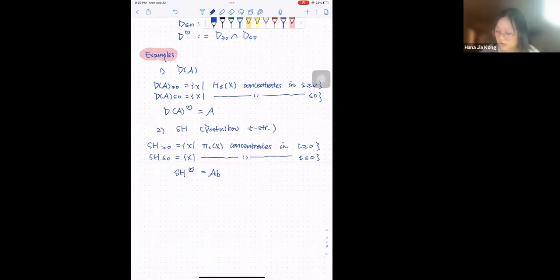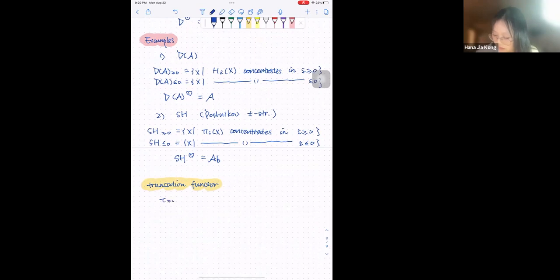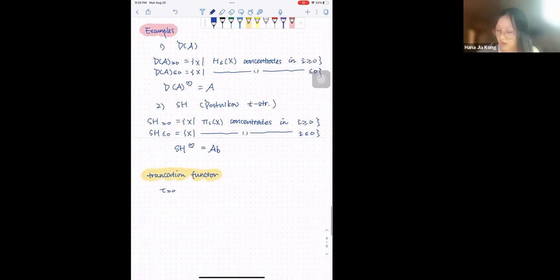There is also something called the truncation functor, which you can talk about if your triangulated category is equipped with a T structure. I think this might be an example that will be mentioned in the later talk on Bousfield localization.